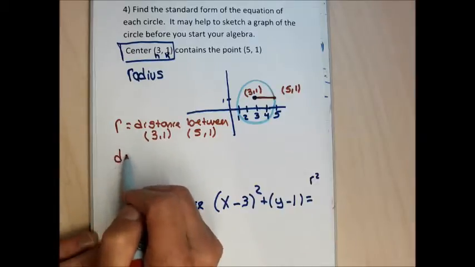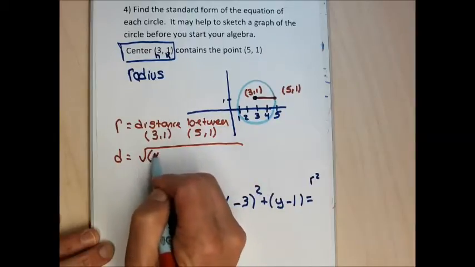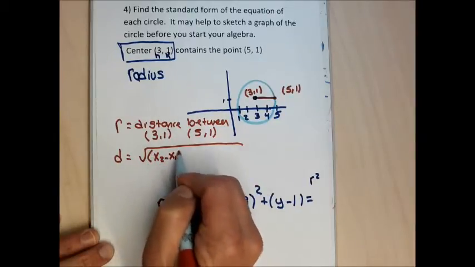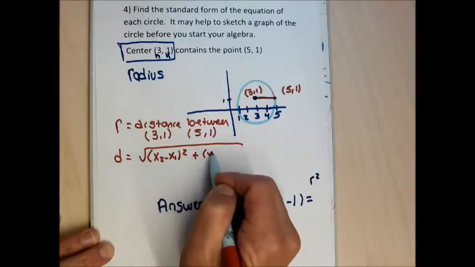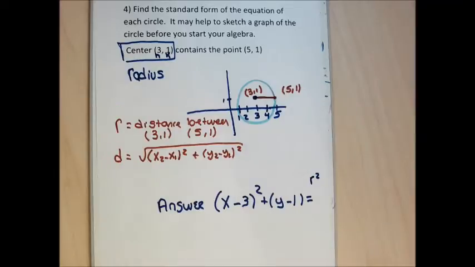The distance formula is the square root of x2 minus x1 squared plus y2 minus y1 squared. And so I can find out what the radius is by just taking the numbers that I have from the points and plugging them into the equation.